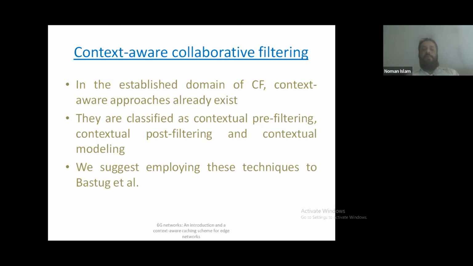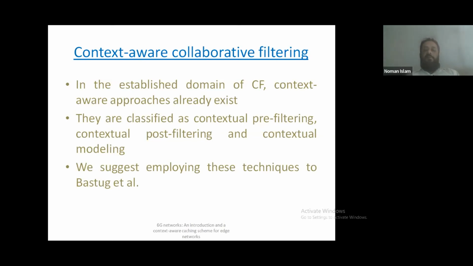If he is happy, if he is angry, we need to consider the particular context before performing the caching. So, in the established domain of collaborative filtering, which is a very novel approach that has been used in machine learning for the past few years, we have the concept of context aware recommendation system, but it has not been applied to caching at the edge. So the concept is there, but it has not been applied into the domain.